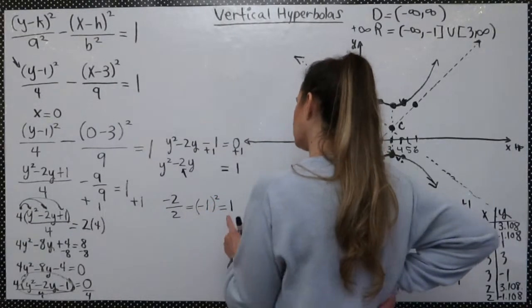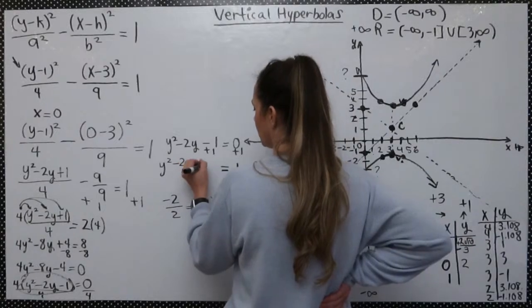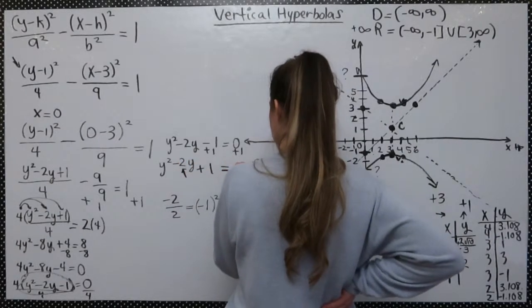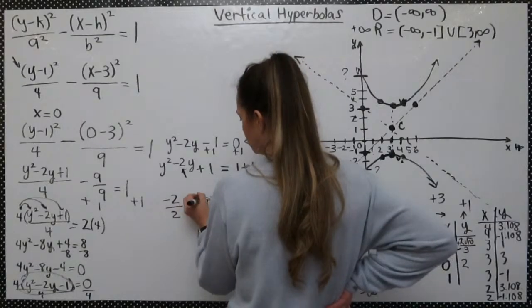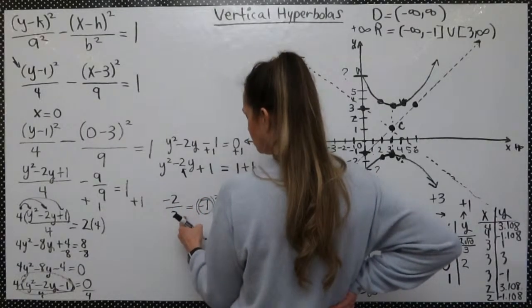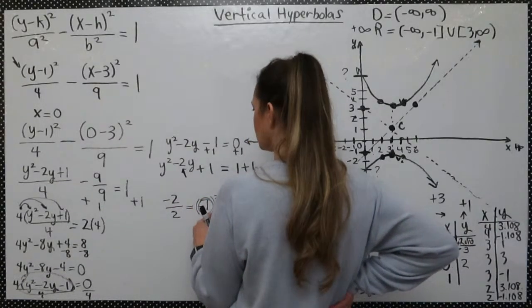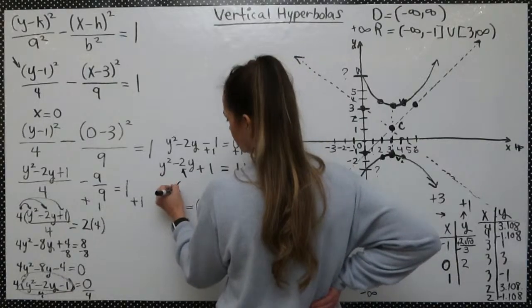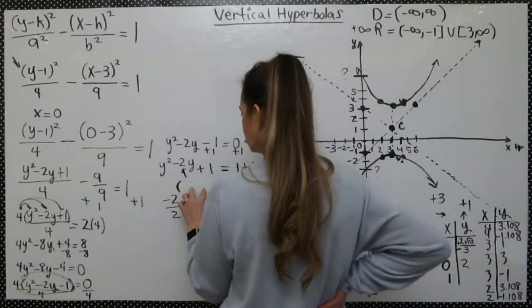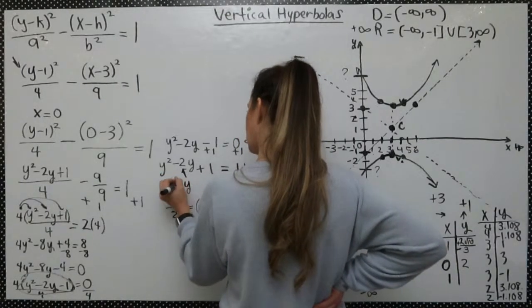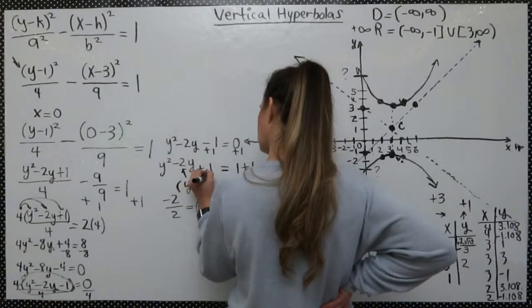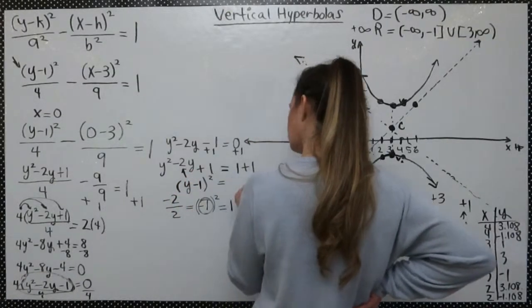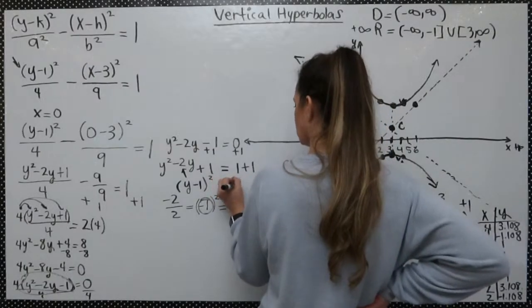That number is the one you're going to add to both sides. The number you get from dividing before you squared it is the number that makes your perfect square. So when you condense it, you can now say (y minus 1) squared equals 1 plus 1, which is 2.